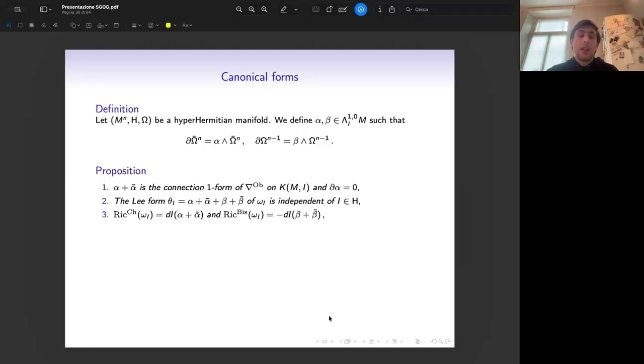But more importantly, up to sign and the action of I, the real part of alpha and the real part of beta are the primitive forms of the first Chern-Ricci form and the first Bismut-Ricci form. And so that's why they bring with them some important curvature information.